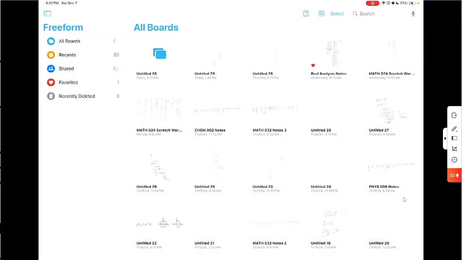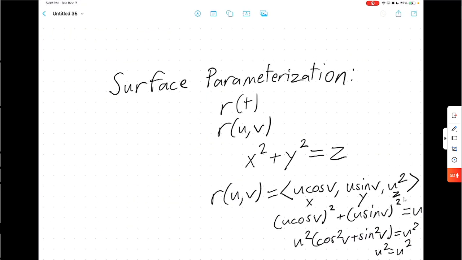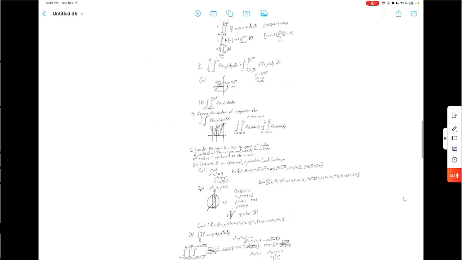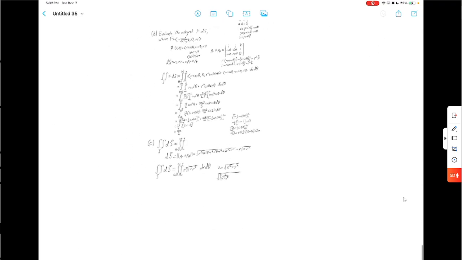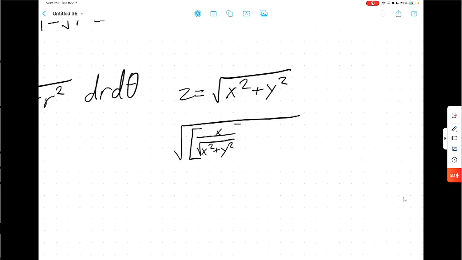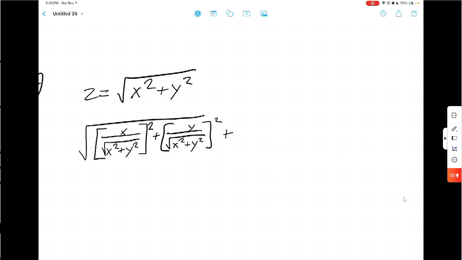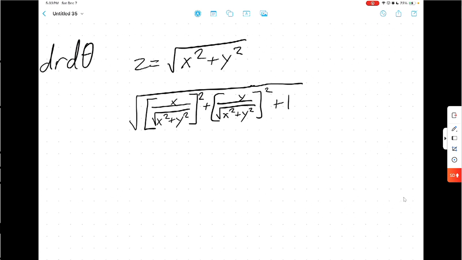Give me 1 second. I'm going to see if this is actually intended or was a mistake made. It's a different formula. Squared plus a 1 here. This gives you x squared plus y squared over x squared plus y squared. Yeah, you get root 2 from this.